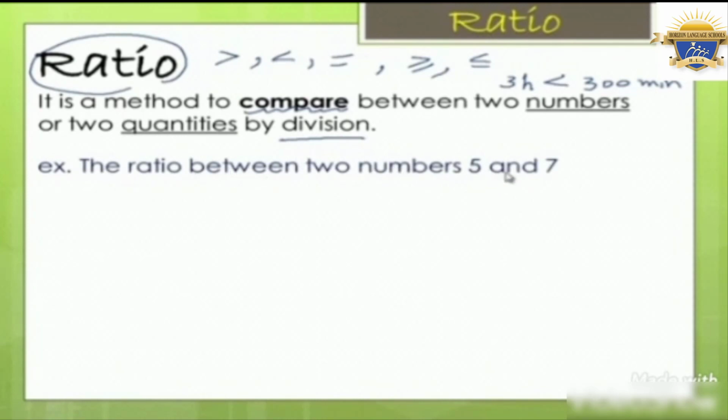For example, the ratio between two numbers 5 and 7. By division, we can write it in two forms. The first form, 5/7, or by the second form, 5 to 7.